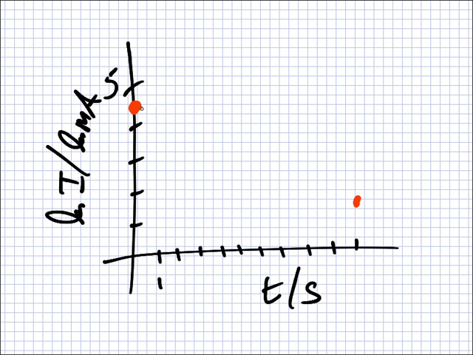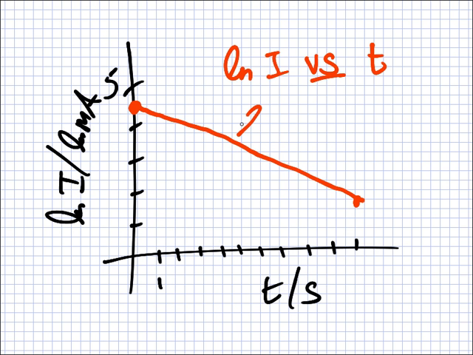So what happens is when you draw it, you get now this graph, which is a straight line. So if you were to plot log I versus t, you notice that you now have linear.